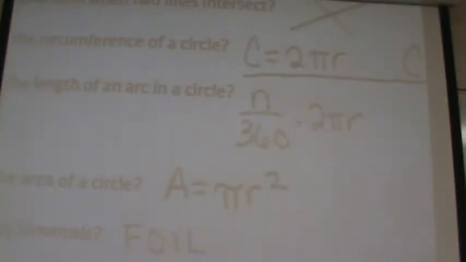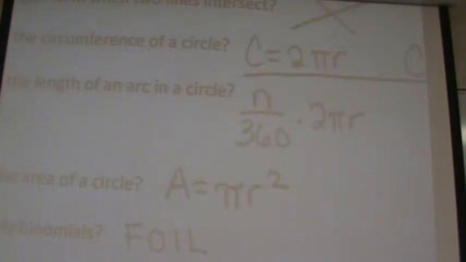You take the central angle, divide it by 360, and multiply that by 2 pi r. You should have learned that in geometry last year. Did you learn that last year? Good job. So what does n represent? The angle. So you'll find out the arc length.